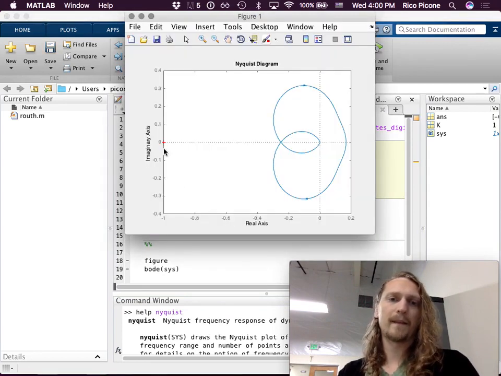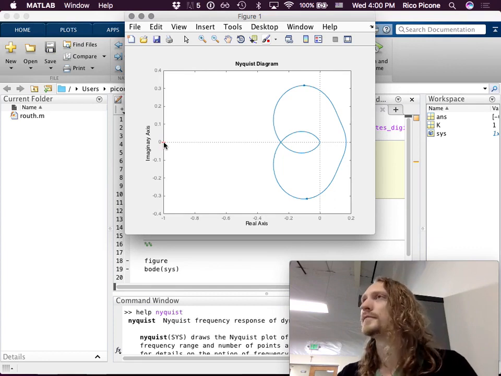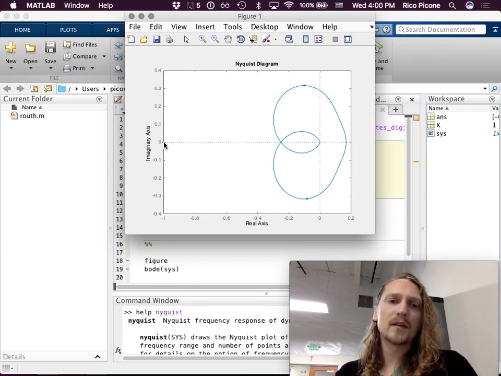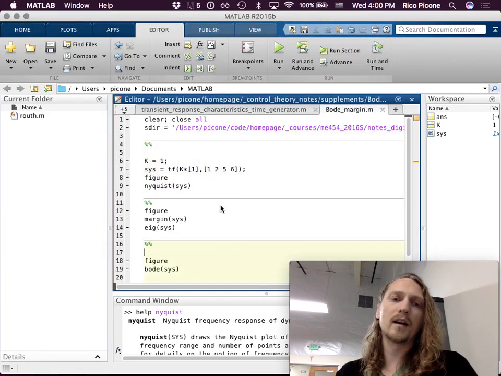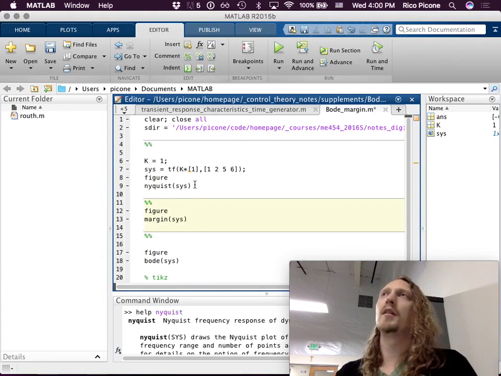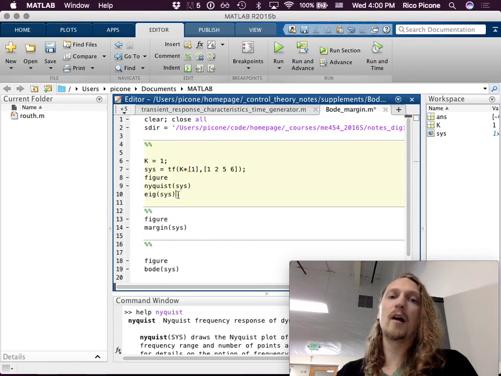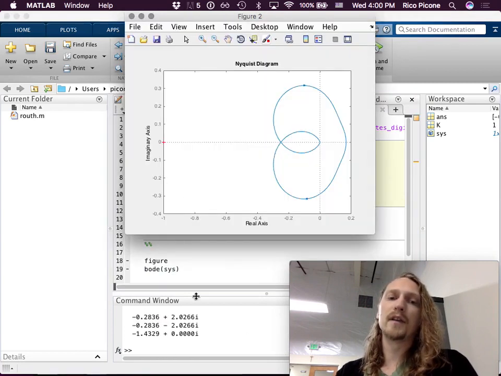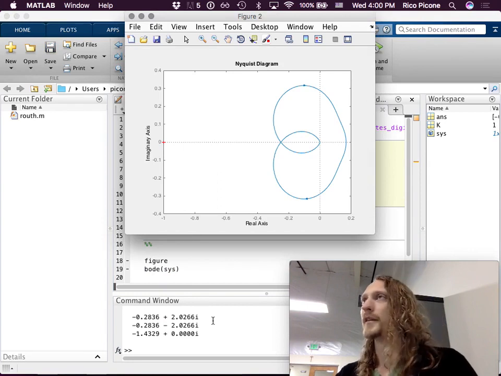So there's our -1. And so first off, we should look at the eigenvalues of our system to see how many open loop eigenvalues are in the right half plane to start.